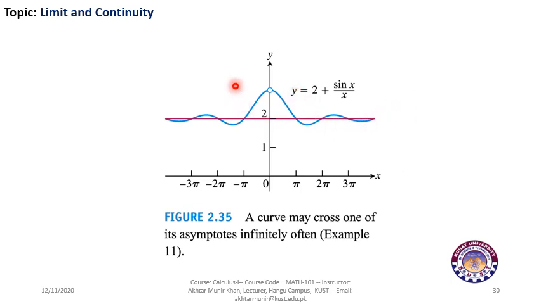It is not necessary that the curve will only approach the asymptote; it may intersect it at different points. It is not necessary that every asymptote will be like a tangent to the curve at infinity.